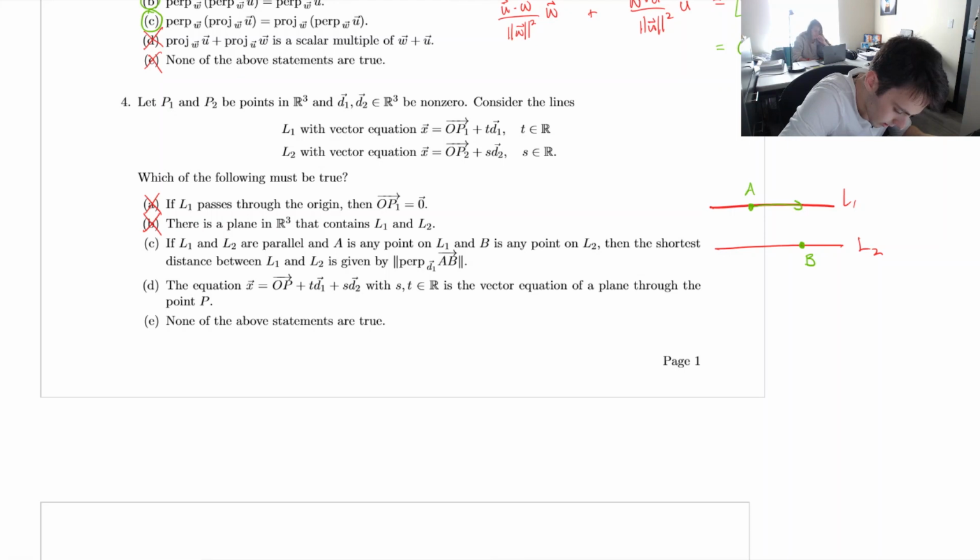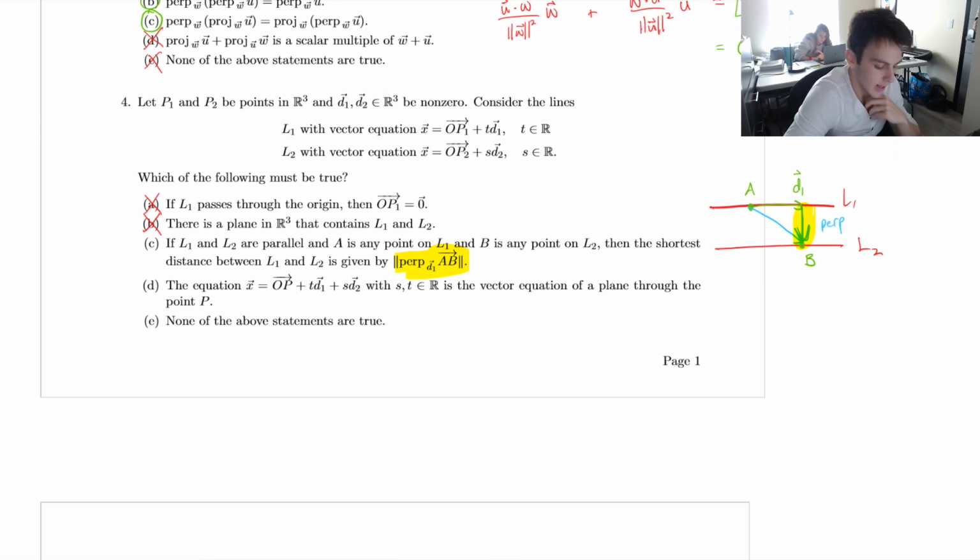And then D1 is the direction vector of L1, so it's this one right here. It's saying that we know the shortest distance, so let's try to graph what they are telling us, perp of AB onto D1. So AB is this vector in blue onto D1. That means this vector I just highlighted is the perp.